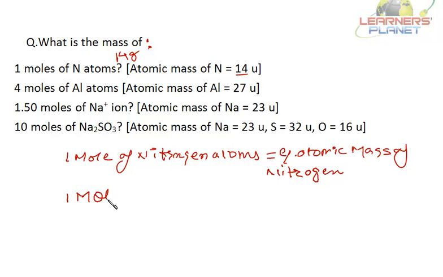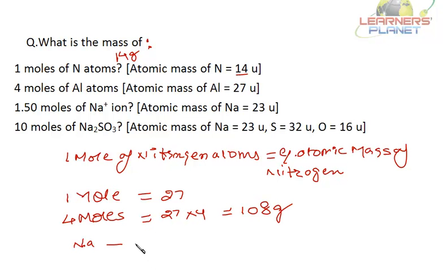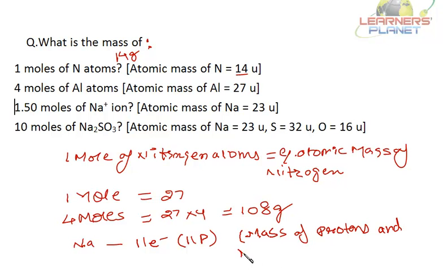Right? Now simply 4 moles of aluminium atoms. 1 mole, the gram atomic mass is 27. So 4 moles, it will be 27 into 4, 108, right? Sodium has how many electrons? 11 electrons, 11 protons. Now atomic mass is due to the mass of protons and neutrons.